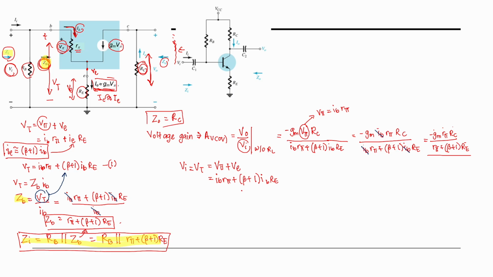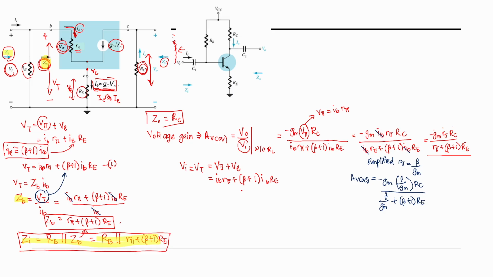Because we know the value of R pi is equal to beta over GM, you can cancel the R pi, so your AVOC becomes negative GM, with R pi as beta over GM, RC over beta over GM plus beta plus 1 RE.